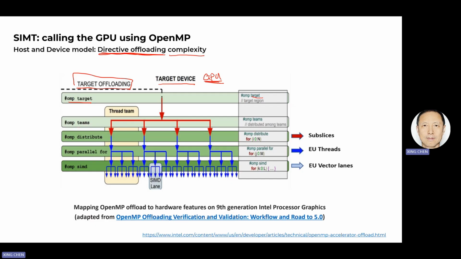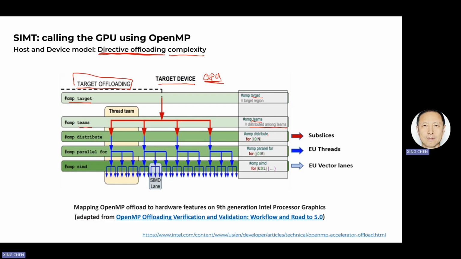And you need to deal with the OpenMP teams. You need to distribute the workload between teams, and you need to tell the runtime system how to distribute the workload between the teams.